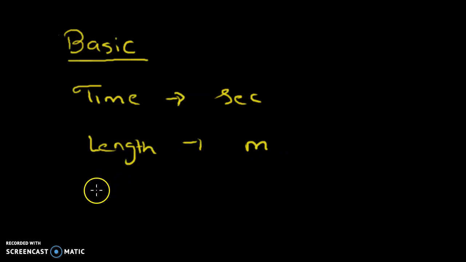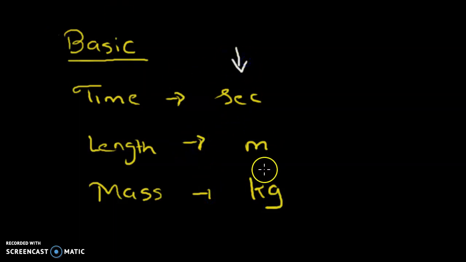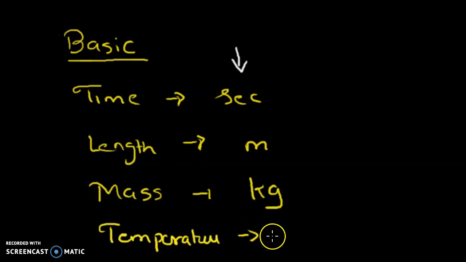And mass, the standard unit, the SI unit, is kg. We also say that these are the basic units. Temperature is also a basic physical quantity, and the standard unit of temperature is Kelvin.